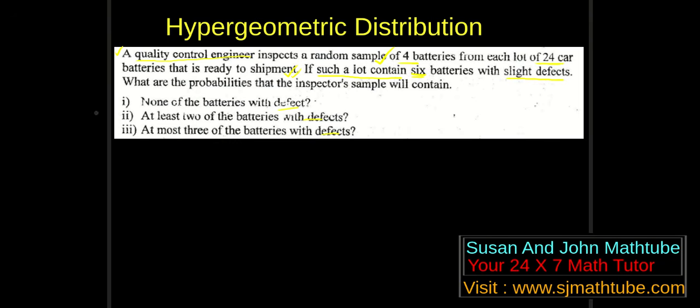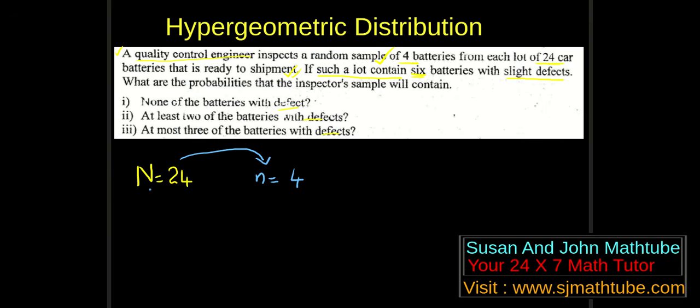So look at this. We have capital N is equal to 24. It's given from a lot of 24 batteries. And he's selecting small n is equal to 4 batteries.